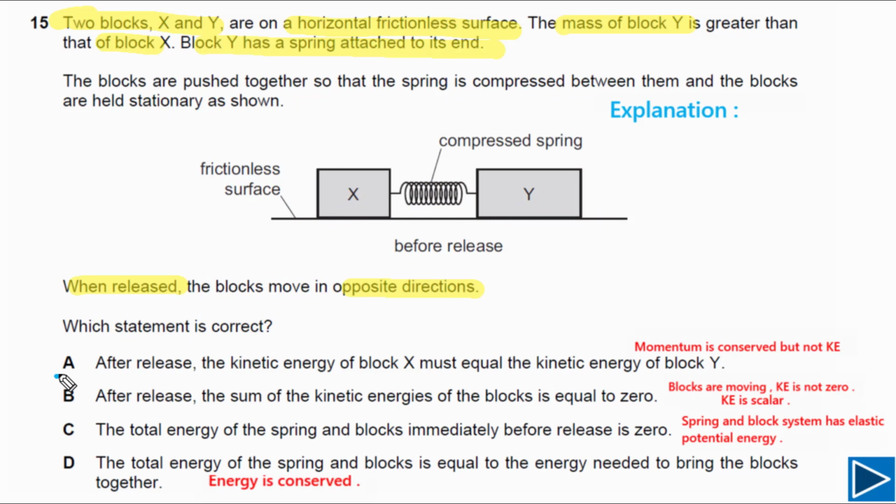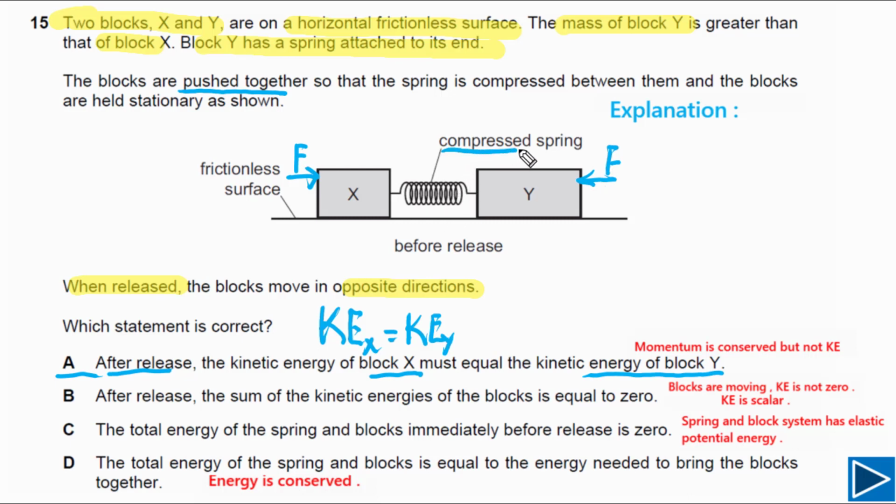For option A, it is given to us after release, the kinetic energy of block X must equal the kinetic energy of block Y. Simply we can write down, according to this statement, kinetic energy of block X is equal to kinetic energy of block Y. If we look at our system, the blocks are pushed together, means we apply some force F on this block, and some force F on this block, and we push them together, and the spring between these two blocks is compressed.